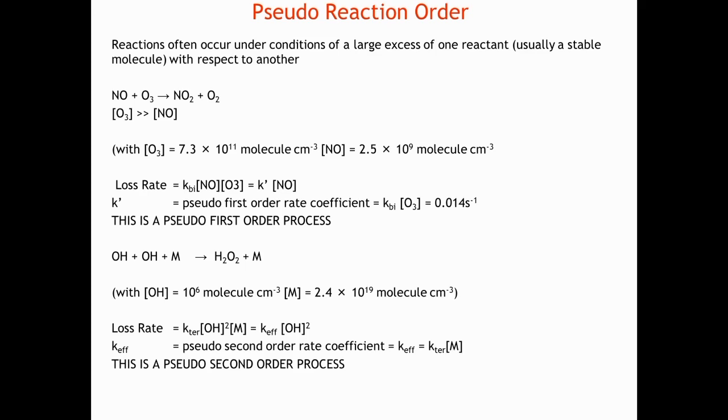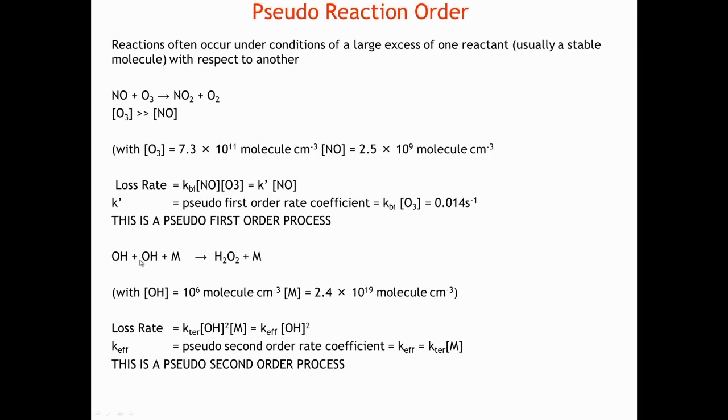So 10 to the 6, 10 to the 7, something like that. So 10 to the 6 with M is 2.4, 2.5 times 10 to the 19 that we just talked about before. So this is a really high number, and it's constant because it's just there as a collisional deactivation molecule.